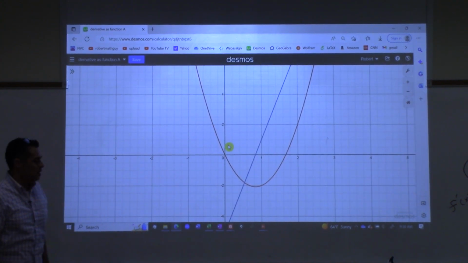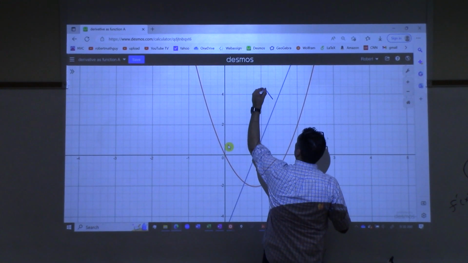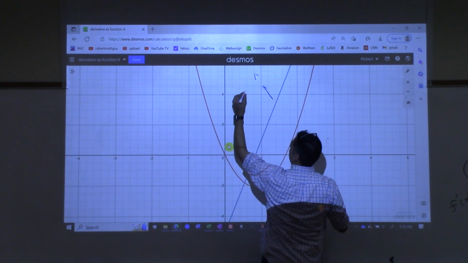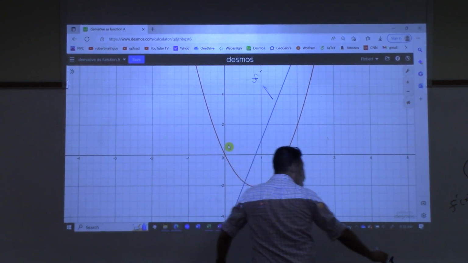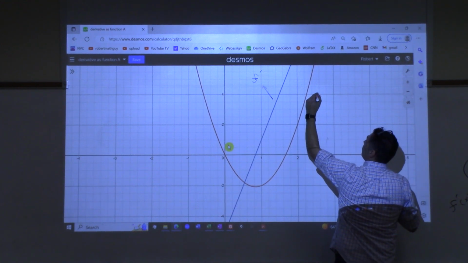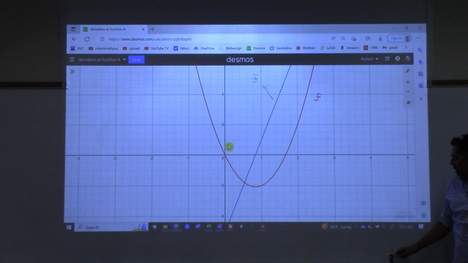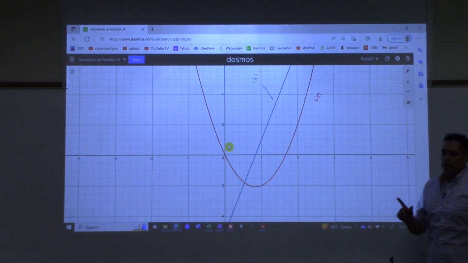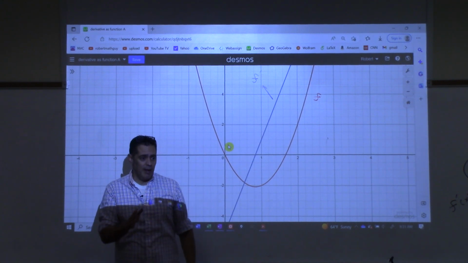All right. So in blue here is the derivative, right? That's the derivative function. And in red, you have the original function, right? All right. So remember, the derivative tells you about the slope of the tangent line, right?